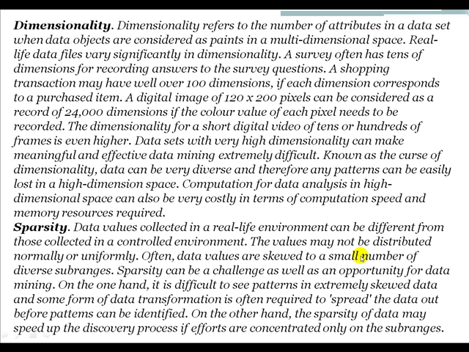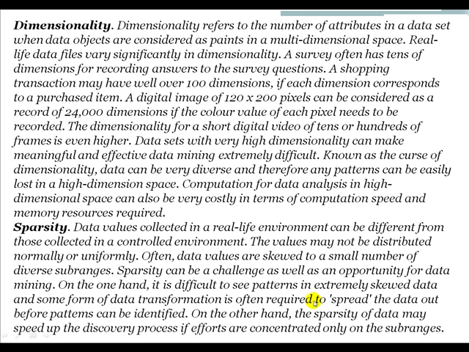So often data values are skewed to a small number of diverse subranges. Sparsity can be a challenge. Sparsity means you have a big space, and the data only exists in small regions of that space. Sparsity can be a challenge as well as an opportunity for data mining.